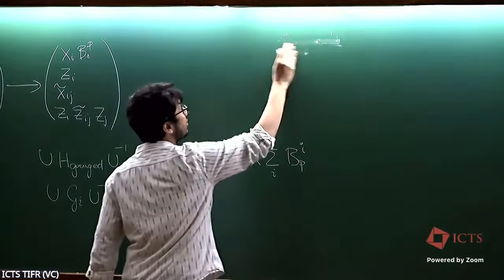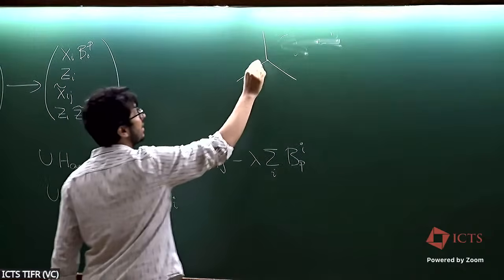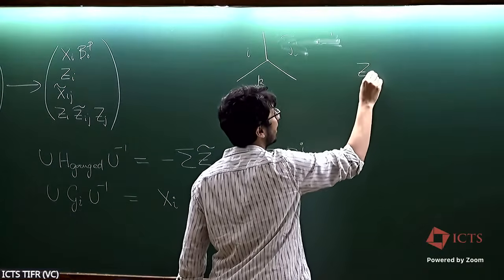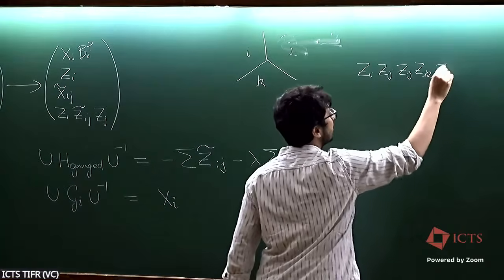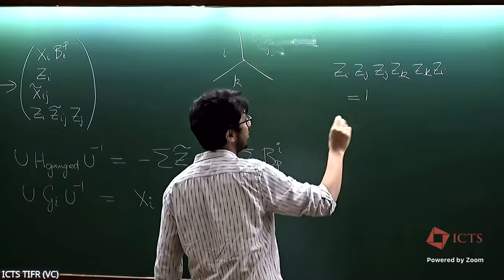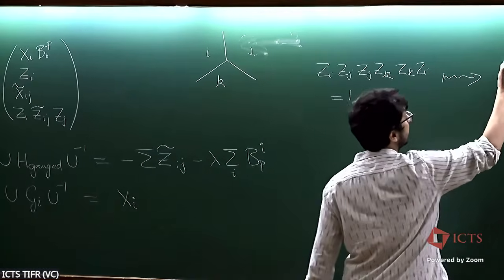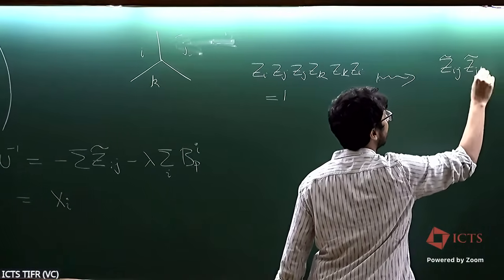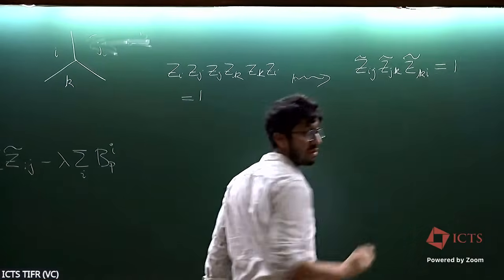If you look at a vertex on this lattice, then the operators Zi Zj, Zj Zk, Zk Zi, whose product was 1 before gauging, after gauging map to Z tilde ij, Z tilde jk, Z tilde ki, which also must be 1.